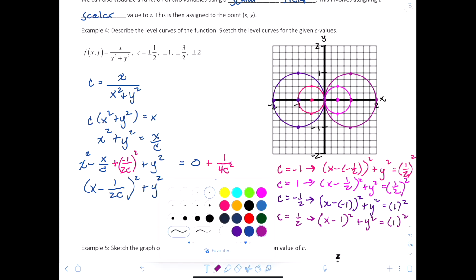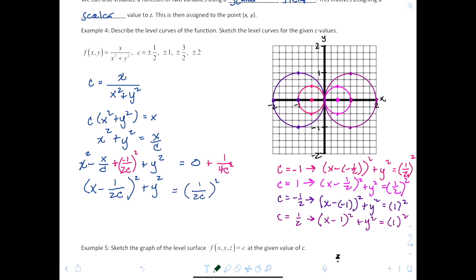I'm just going to do one side and then I'll do the negative because it'll just be a reflection, right? So let's go ahead and do, for c equal to positive 3/2, what's going to happen?